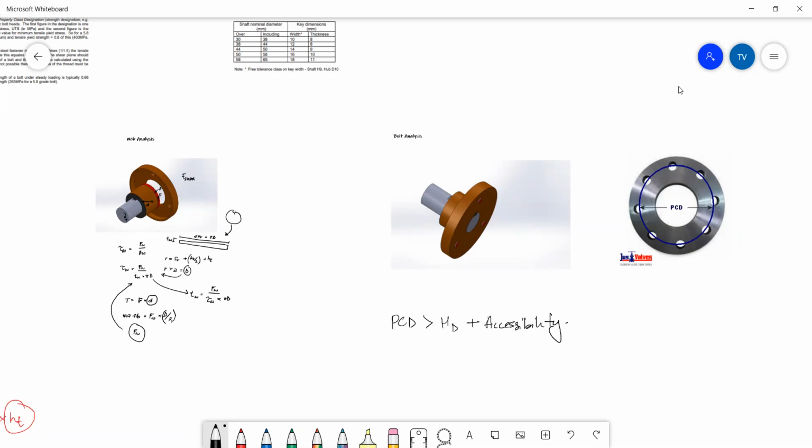So let's say that our hub diameter we found was 120 millimeters. We have to add some kind of distance between there and the center of where the bolts are going to be, so that we can actually access them. So let's say that we add another 5 centimeters or 50 millimeters.